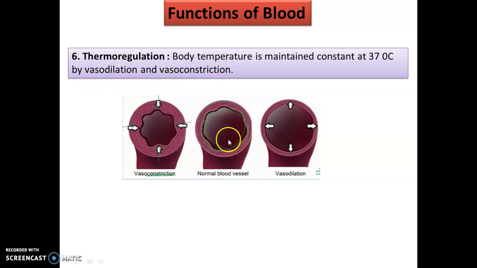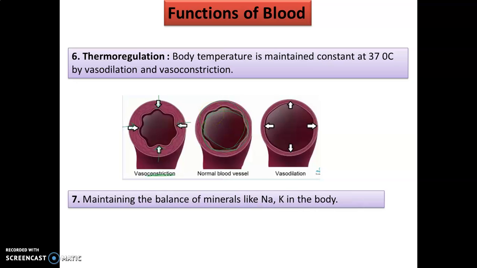Vaso means vessel. This is the normal blood vessel. Contraction means the blood vessel shrinks, and dilation means it becomes big in size. Depending upon the requirement, the blood vessel either contracts, that is vasocontraction, or becomes big, that is vasodilation. Otherwise it is normal, and this helps in maintaining the body temperature.